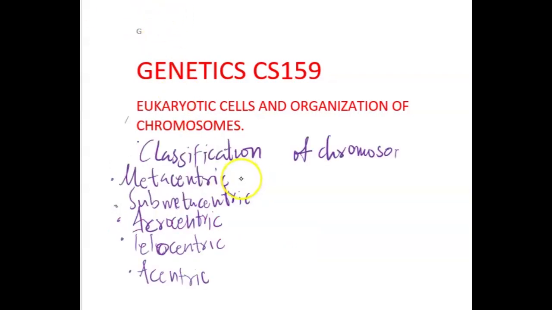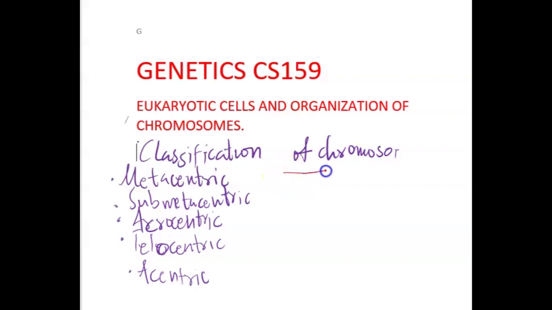When we talk about the classification of chromosomes, we have metacentric, submetacentric, acrocentric, telocentric, and acentric. In the metacentric chromosome, the centromere divides the chromosome into equal lengths, which makes it form the V shape at anaphase.